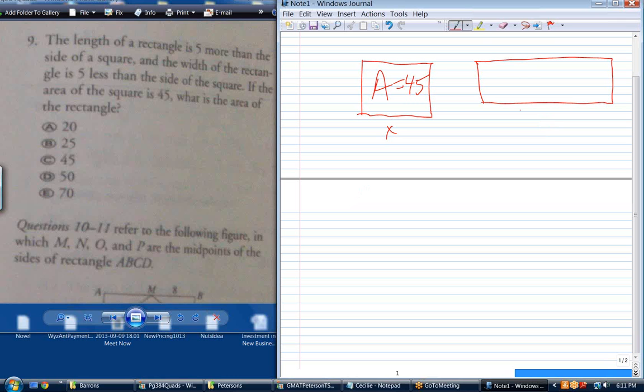So what's the length of the rectangle? It's 5 more, so it's x plus 5. And what's the width of the rectangle, or the small dimension? It's x minus 5.